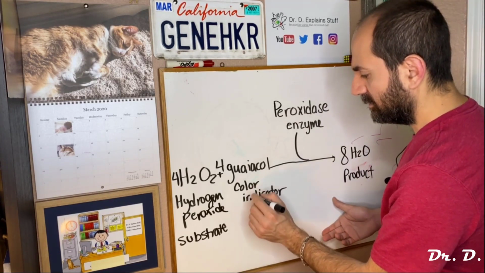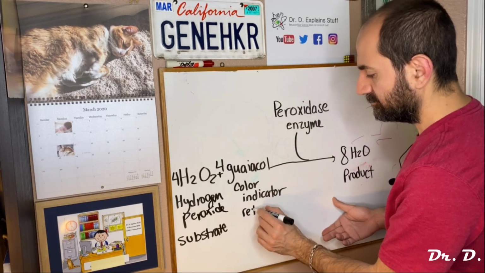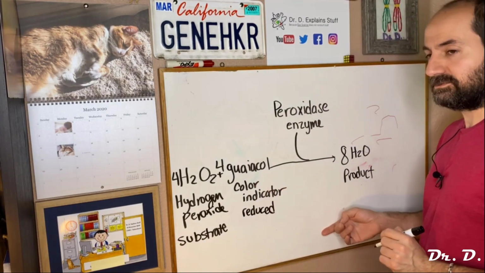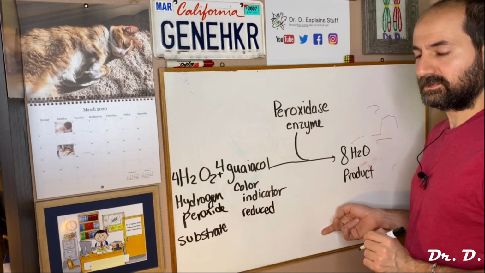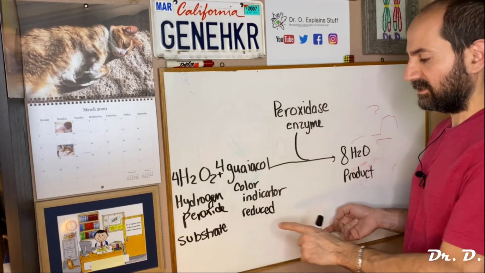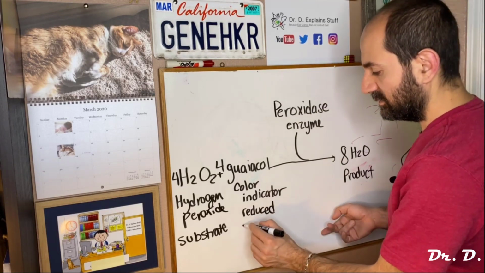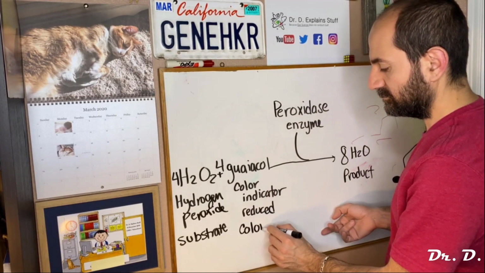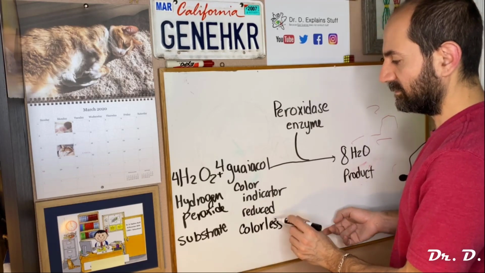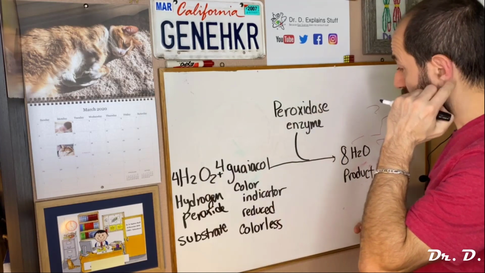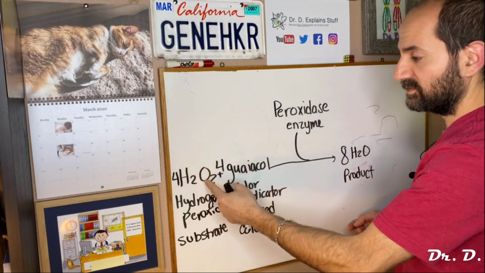Now, guaiacol is reduced at the beginning. It's a reduced molecule. Remember, LEO says GER. Reduced means gains electrons. It has electrons, so it's colorless. However, when peroxidase breaks down hydrogen peroxide, that releases oxygen.